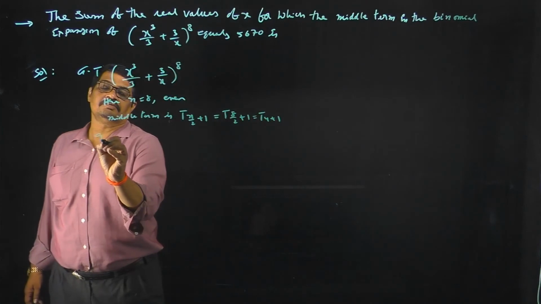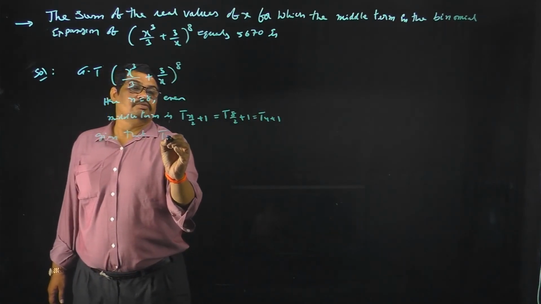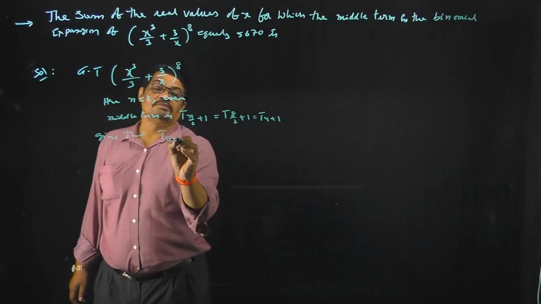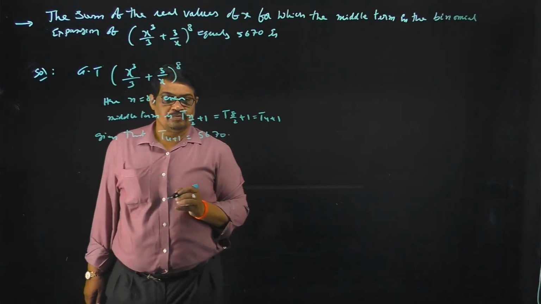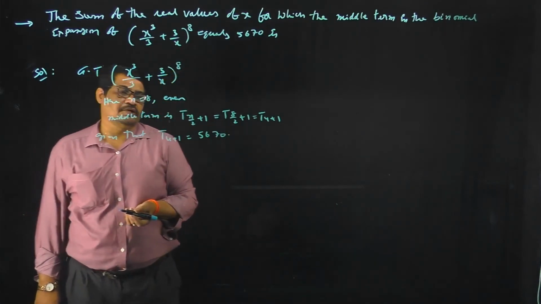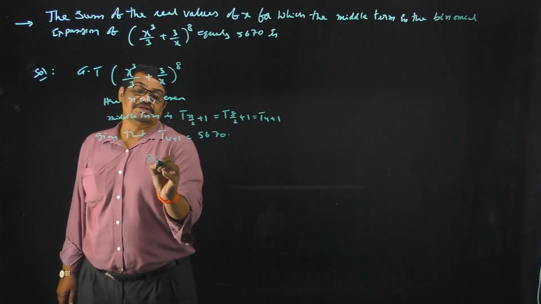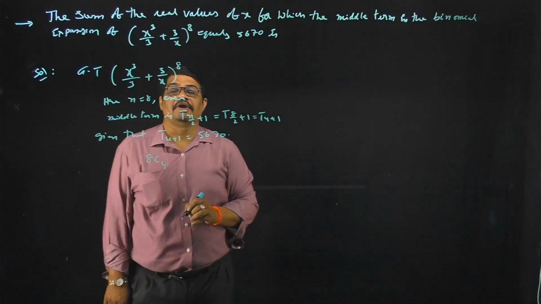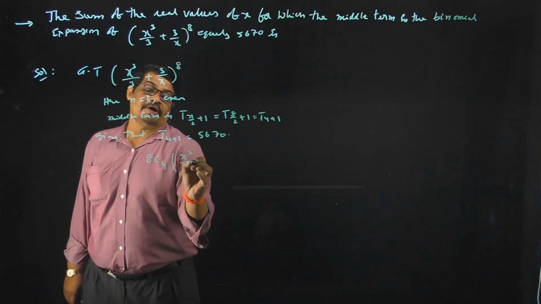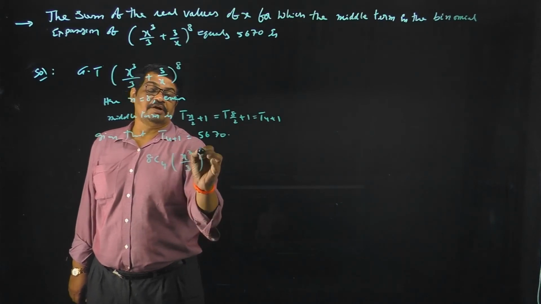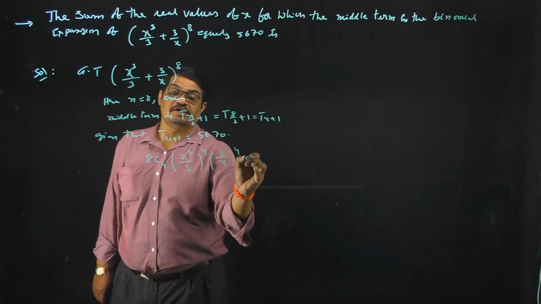This middle term is given as 5670. Now we write the term: 8Cr, where r is 4, into the first term (x cube by 3) to the power of 8 minus 4, that is 4, into the second term (3 by x) to the power of r, here 4.